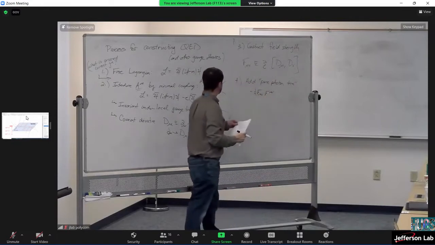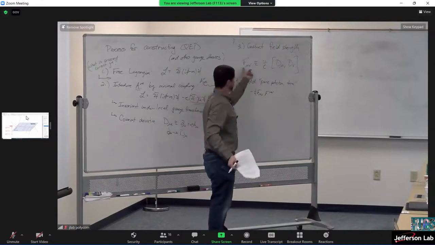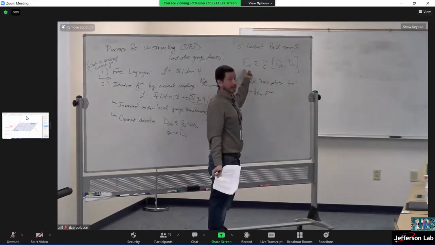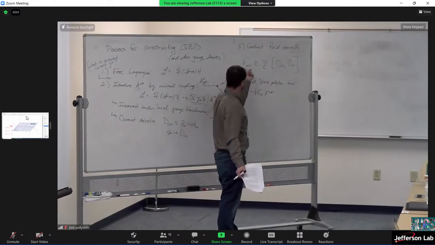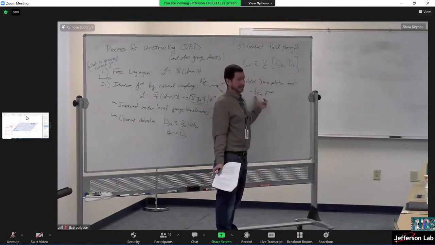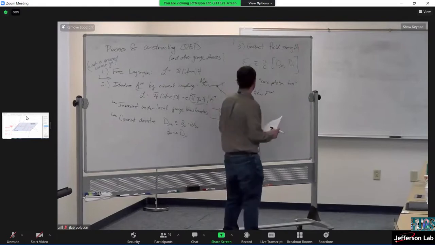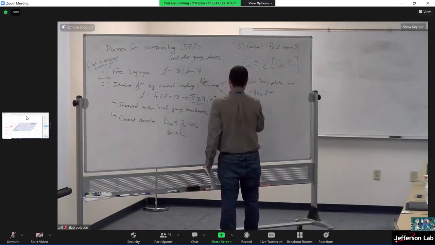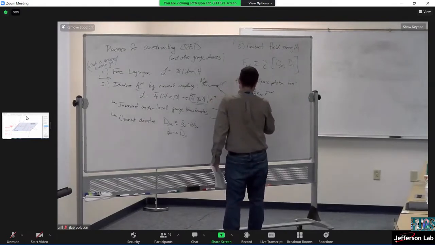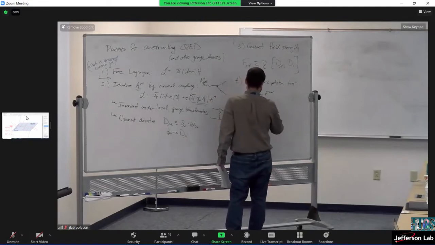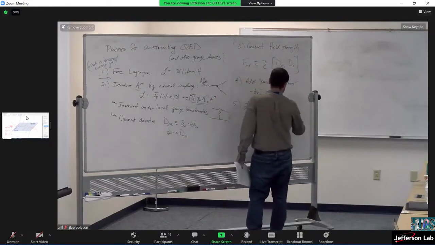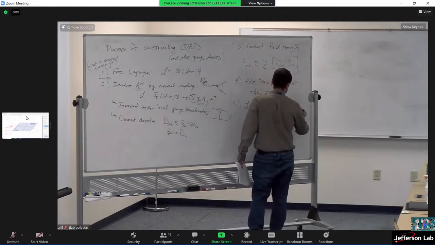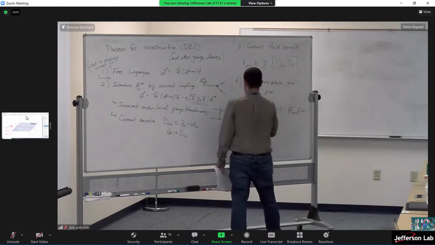And yes, as was pointed out, F mu nu itself is gauge invariant for the case of QED. It doesn't have to be in general. So for QED, F mu nu is gauge invariant, so obviously F squared is also gauge invariant. And then this gives you the complete Lagrangian: L equals psi bar i capital D slash minus m psi minus 1/4 F mu nu F mu nu.